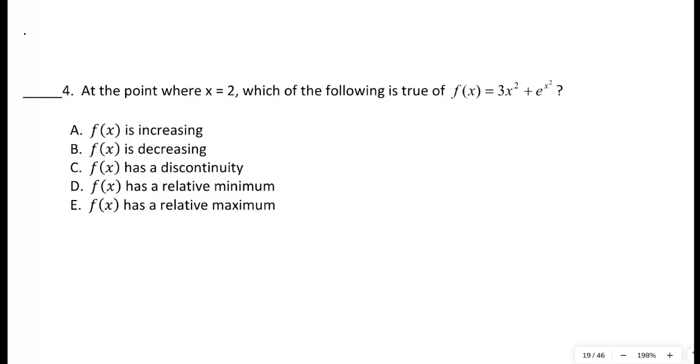The way we're going to know if it's increasing is if the derivative is positive at x equals 2. So in other words, the derivative at 2 must be positive. If that's true, then our answer is going to be A. Similarly, if that derivative is negative, then f will be decreasing.